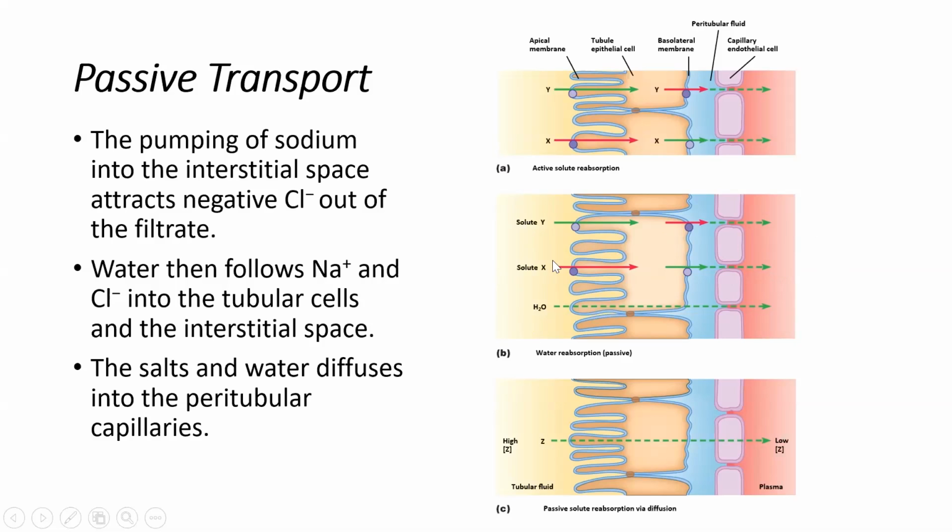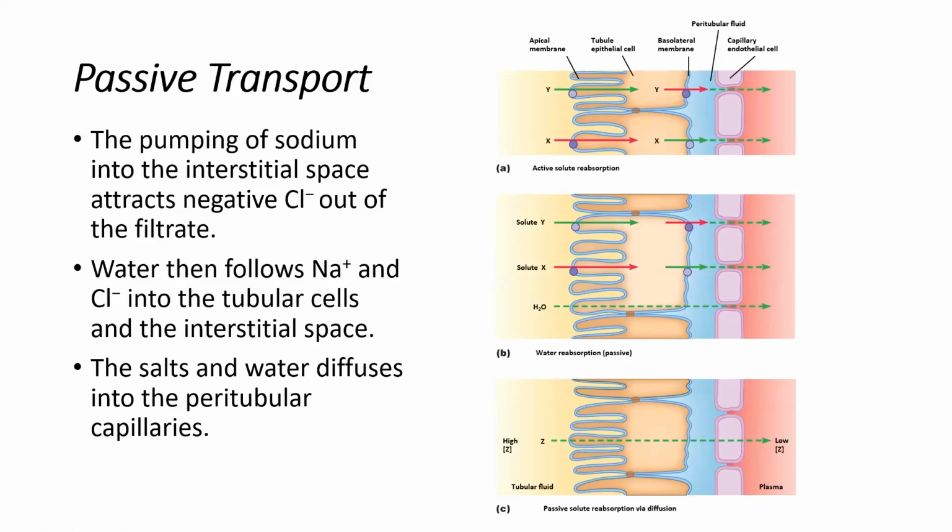And so now we have a solute gradient, but now we also have a water gradient, right? So we have high solute concentration here and low solute concentration here, which equates to high water concentration here and a low water concentration there. And so water can passively diffuse according to osmosis across the epithelial cell.